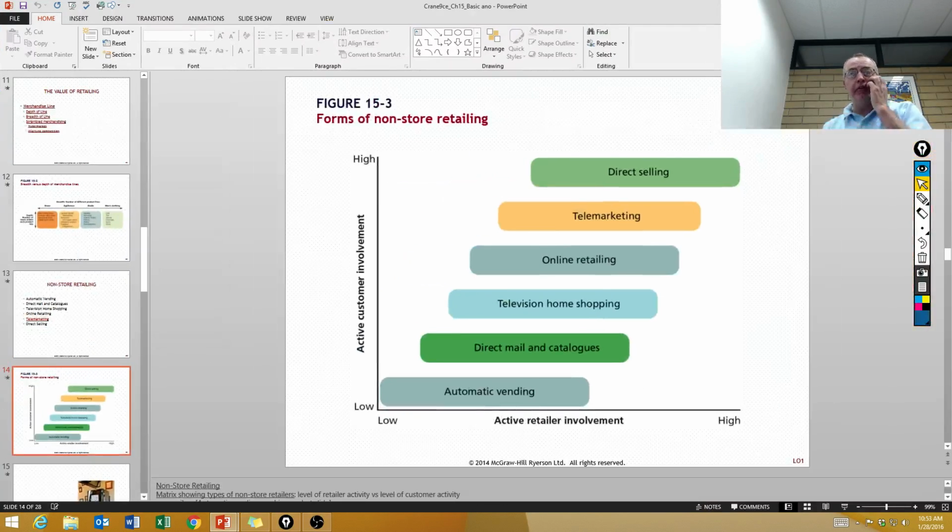okay, what else do we have here? The book goes through several different types of online retailing. It talks about becoming a member of some online discount club. There's an online shopping robot, so it does the price comparison for you.